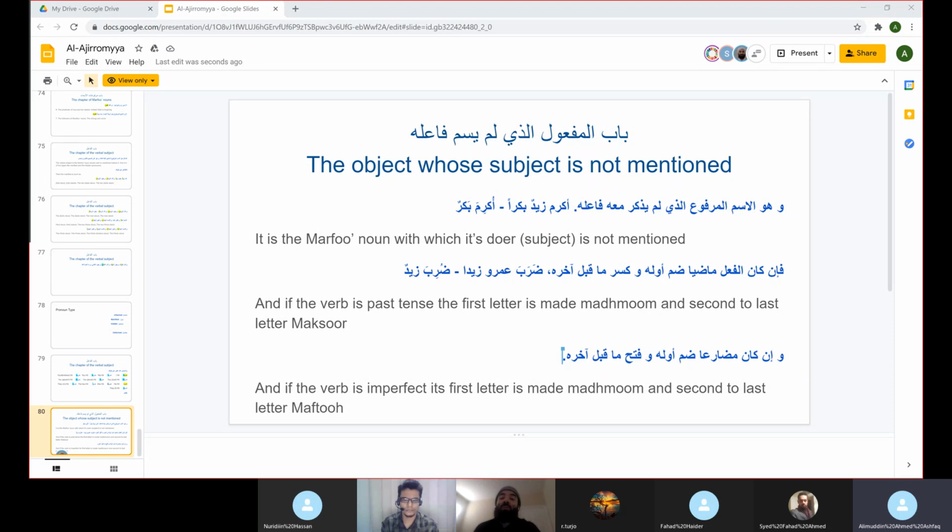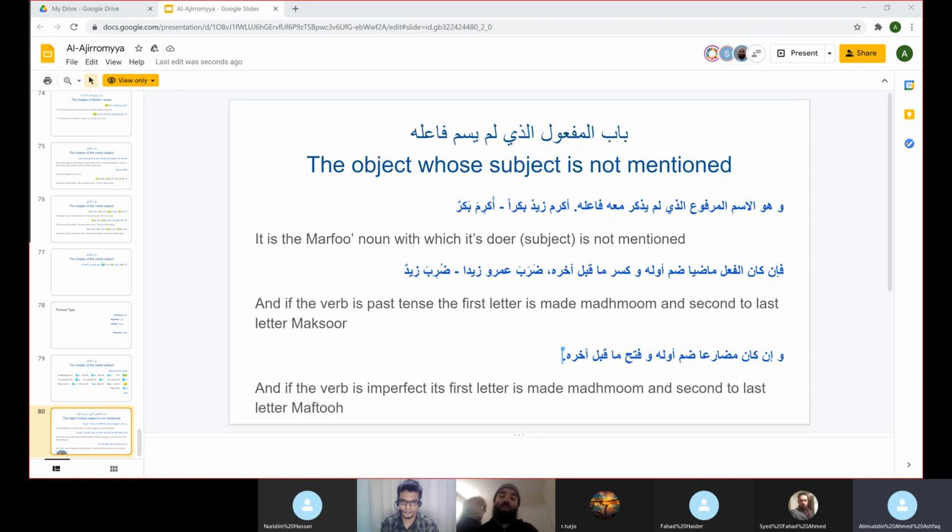Remember when I talked about zulm and mazlum, rafa and marfu, khafad and makhfud, nasab and mansub. So this is the same concept. Dhamma is the actual diacritical mark, and madmum is the letter which gets that diacritical mark. Okay. Yeah.